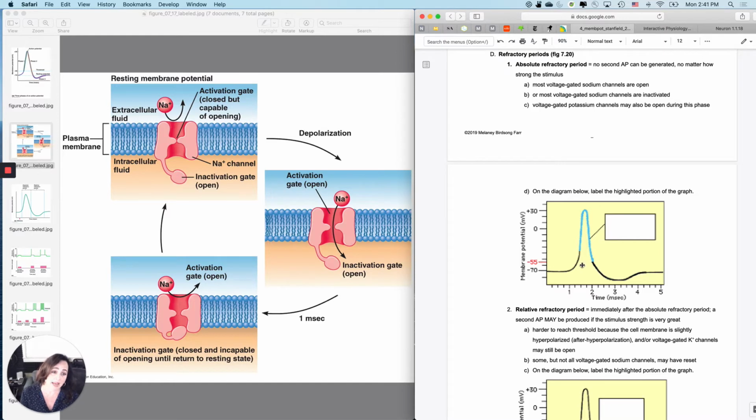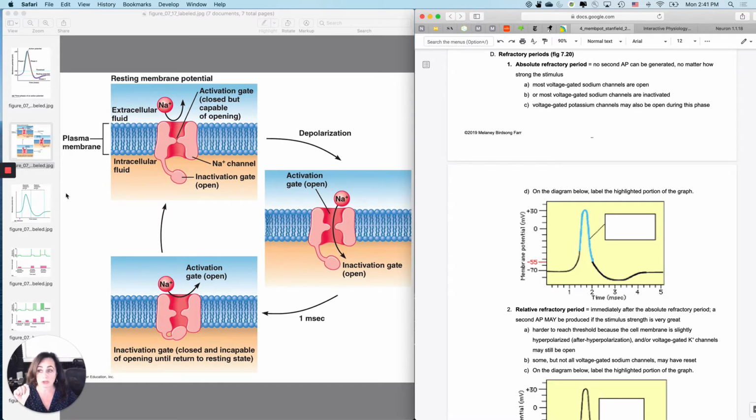So on this diagram, what is happening in this blue portion right here is the voltage gated sodium channels are not completely reset to their original position. Therefore, you are in the absolute refractory period, and you could not have another action potential, no way, no how.